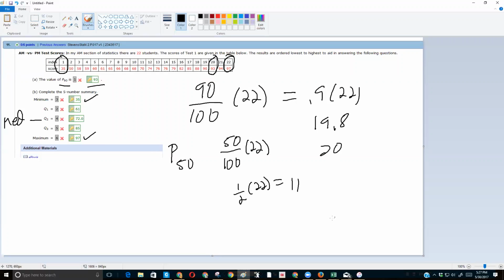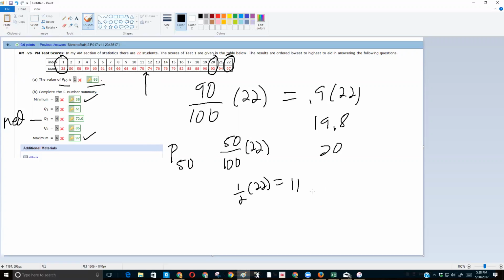And actually, let's talk about why we have to use his rule. Since there's 22 numbers in this data set, the median is going to be a number such that half the data will be below that number, half the data will be above that number. And since that number is going to fall in between 70 and 74, because those are the 11th and 12th numbers respectively, we have to find the middle number.